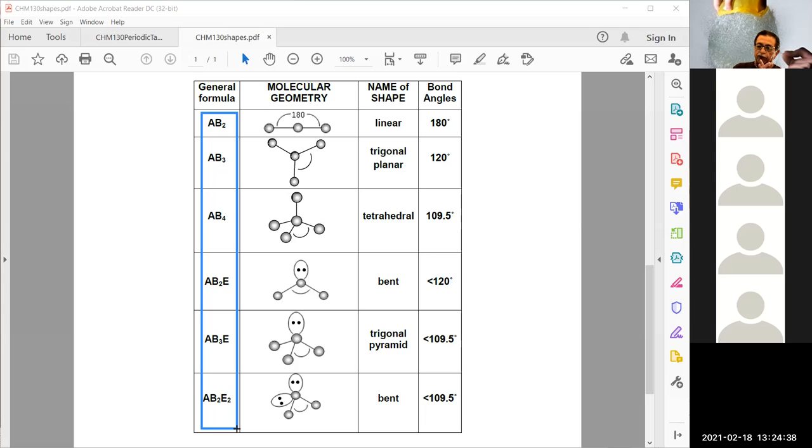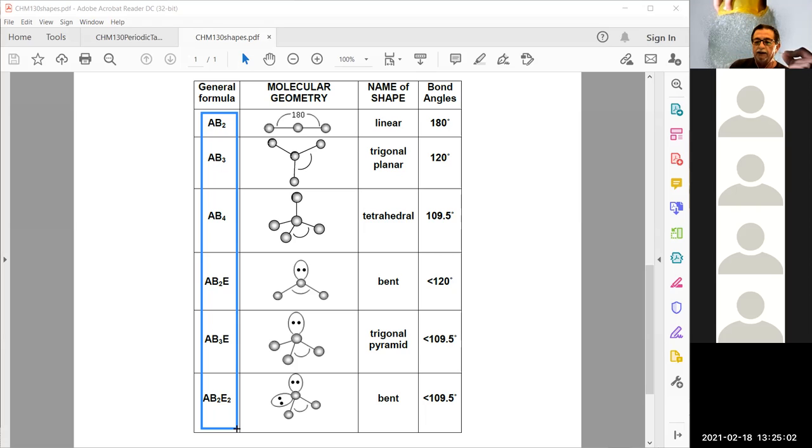That general formula is listed as ABE. I repeat, it's a general formula. Many compounds will have this general formula, but based on the number of valence electrons they have and how many atoms you're working with, we get all that information together and come up with it.